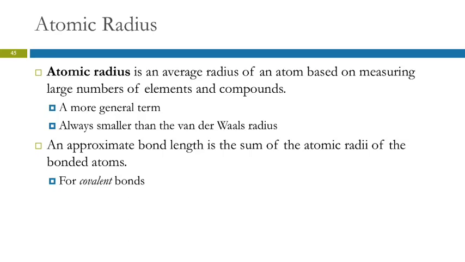We can use this atomic radius to give us an approximate value for a bond length. So the bond length, the distance between two adjacent nuclei, if we can look up the atomic radius for each of those elements, we can just say, well, the bond length is the sum of the atomic radii. So let me just draw a little picture here.